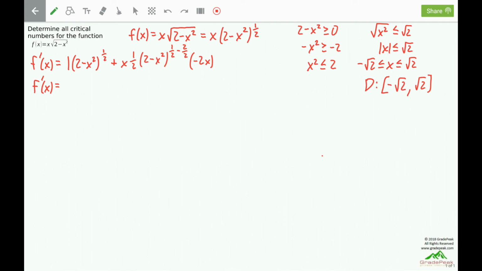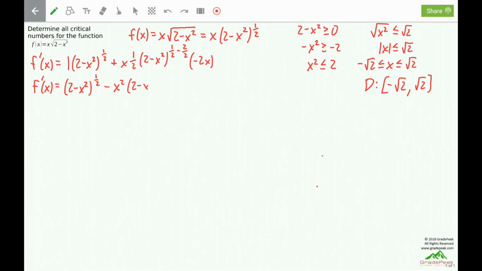The first term is 1 times a quantity, and 1 times anything is itself. The second term will collect the constants together. There's a 1/2 and a negative 2. 2 times 1/2 is 2/2 or 1 with the negative. So negative 1 will move to the front. There's an x and there's another x. Multiplying those together will become x squared.